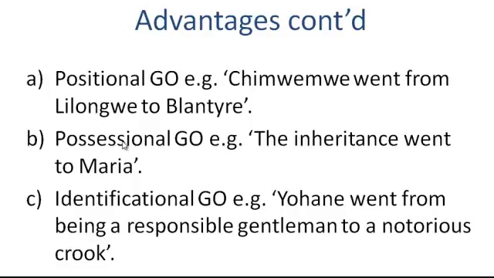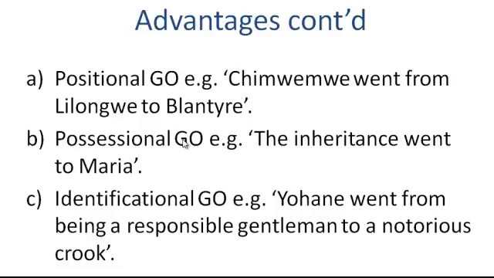So this is what we're talking about, possession of go. So the inheritance went to Maria. It means the inheritance belonged to one person, but now it has gone to another person. So the inheritance went to Maria. So we're analyzing the word go now in terms of possession.